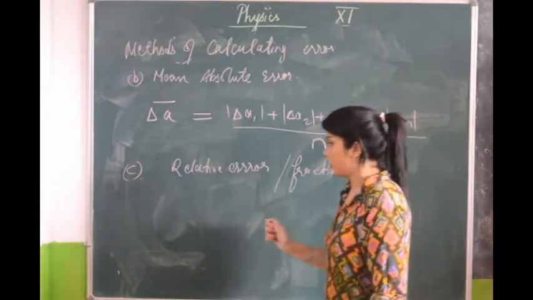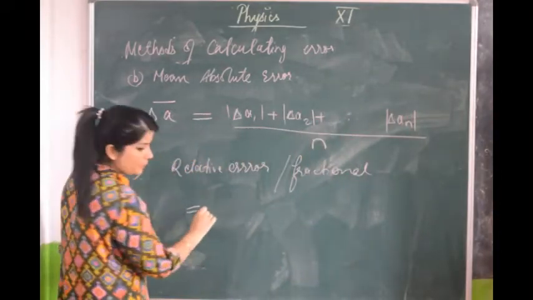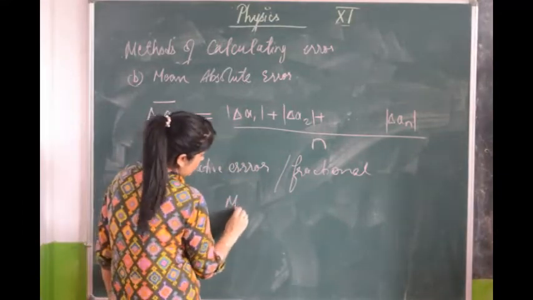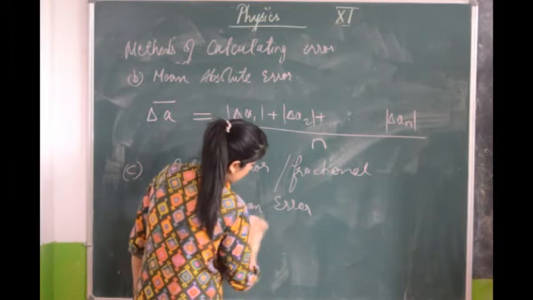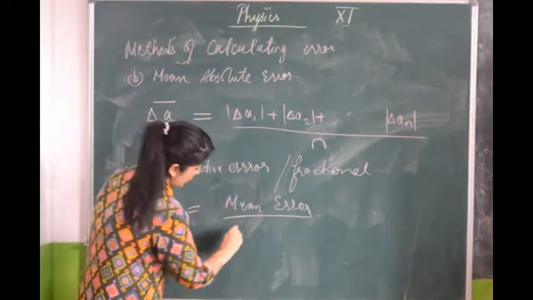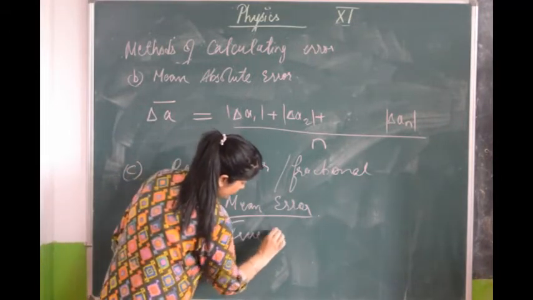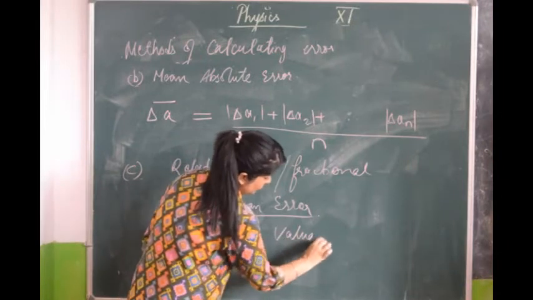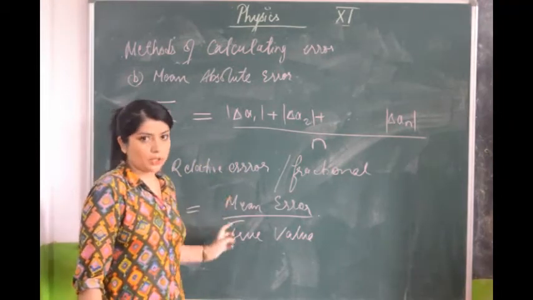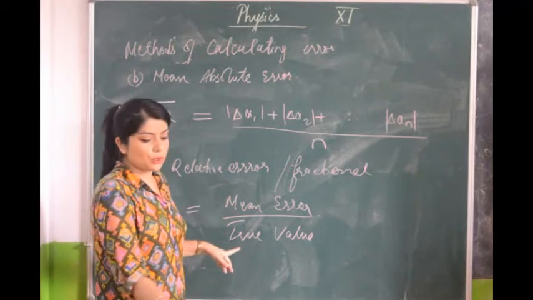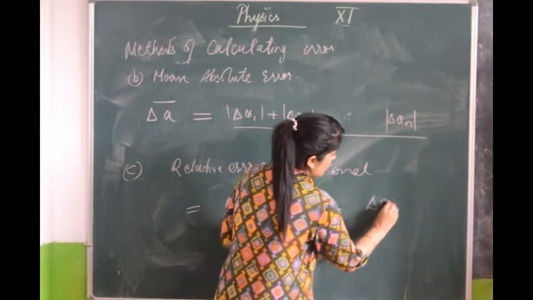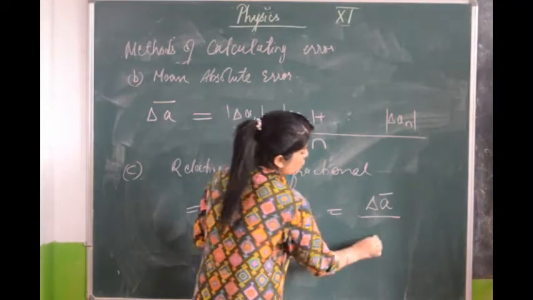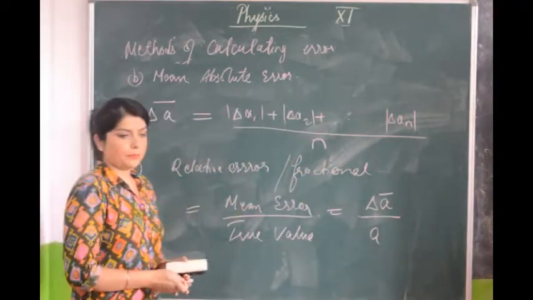It is equal to the mean error divided by the true value. Okay, this is the ratio, that is, mean error divided by true value. Or it can also be written as mean absolute error divided by the true value A.